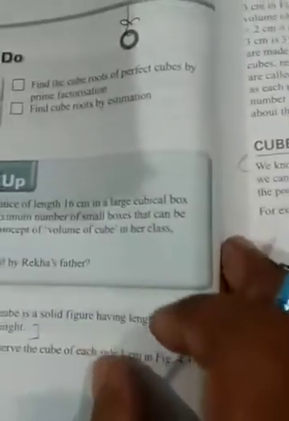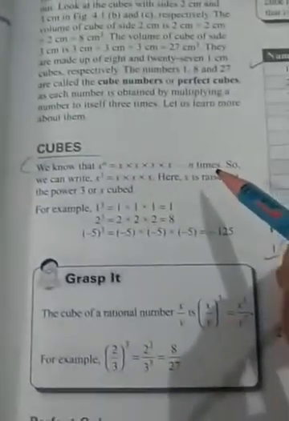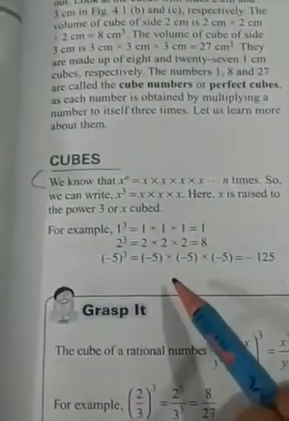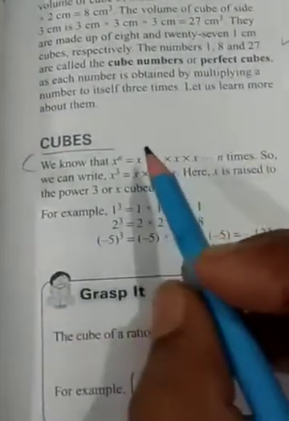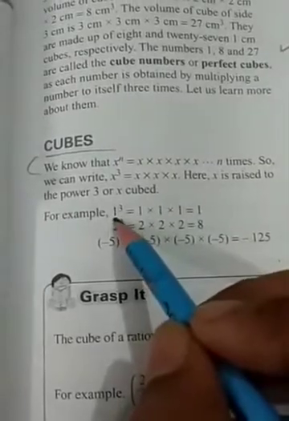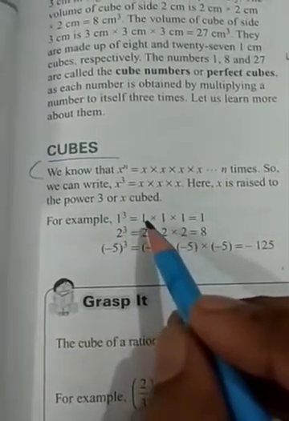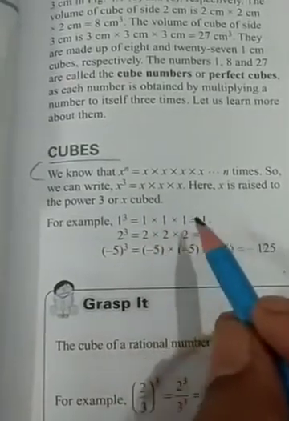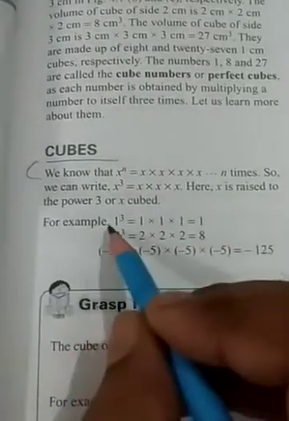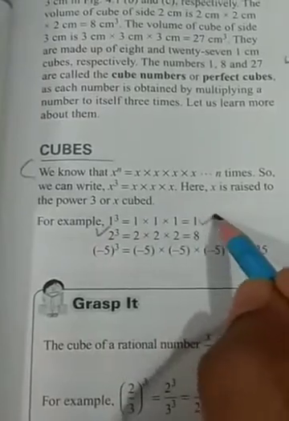Okay, now we will talk about cubes in mathematical form. As you know, if we multiply any number 3 times, like 1 to the power 3, 1 into 1 into 1, it will be 1 again. So this is called 1 cube is equal to 1.